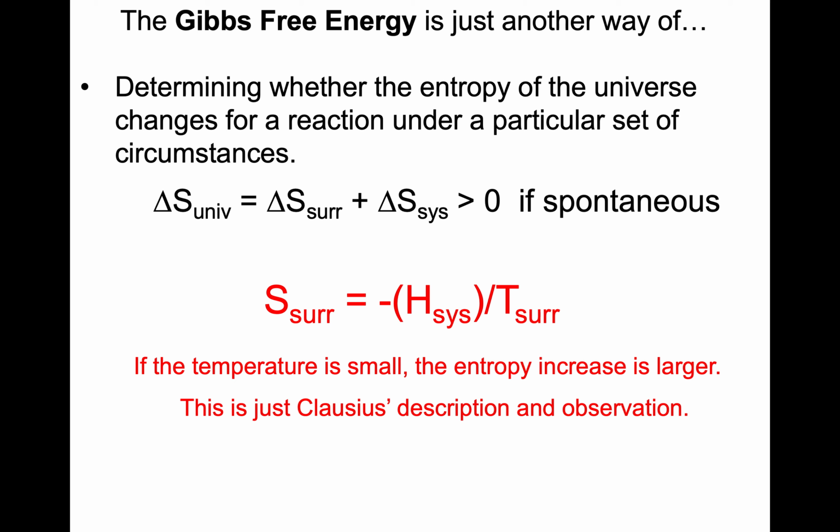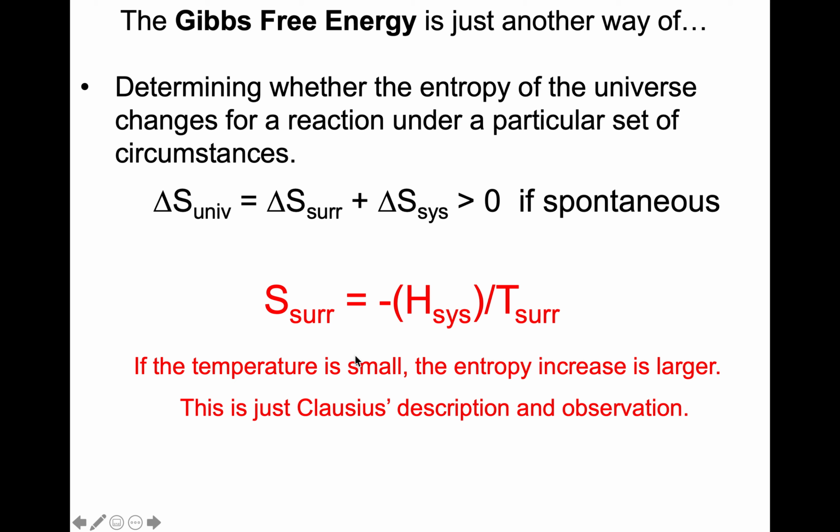This is how we can calculate the entropy change for the universe, because we have it in terms of something that we can measure for the system. I can't put a thermometer in the entire universe, but I can put something in the system. I can make measurements for the system. That's what the Gibbs free energy is doing. In a brilliant way, it's thinking about things that we can measure for the system and asking, what does that have now as far as implications for the surroundings?